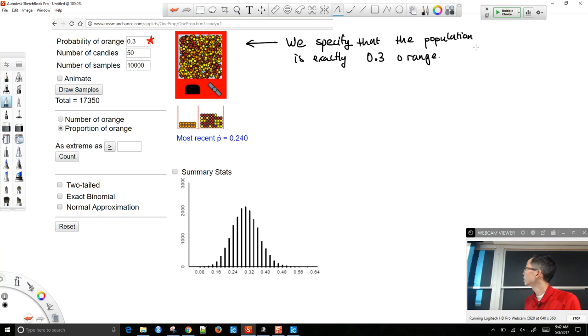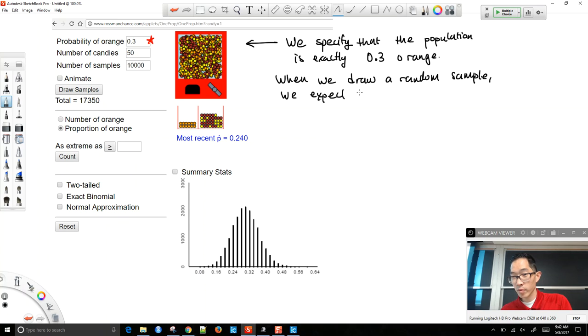Okay? So when we draw random samples, we expect most samples to have a p-hat close to 0.3.